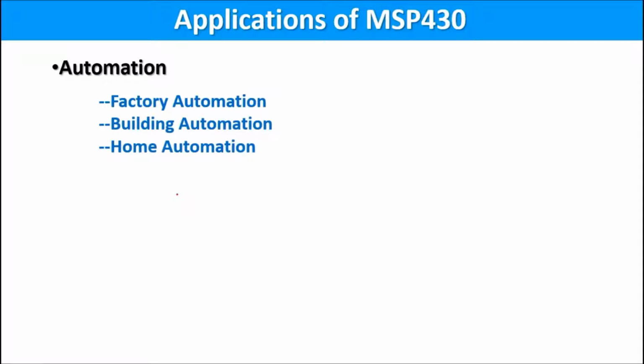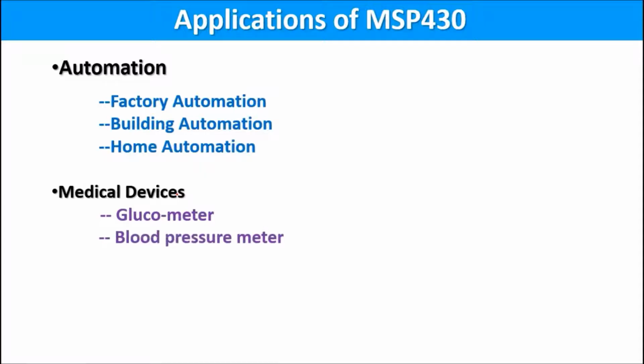For any type of automation application, you can use MSP430. Then in medical devices like glucometer, blood pressure meter, heart rate monitoring, MSP430 can be used. In other applications also, we can use the MSP430.